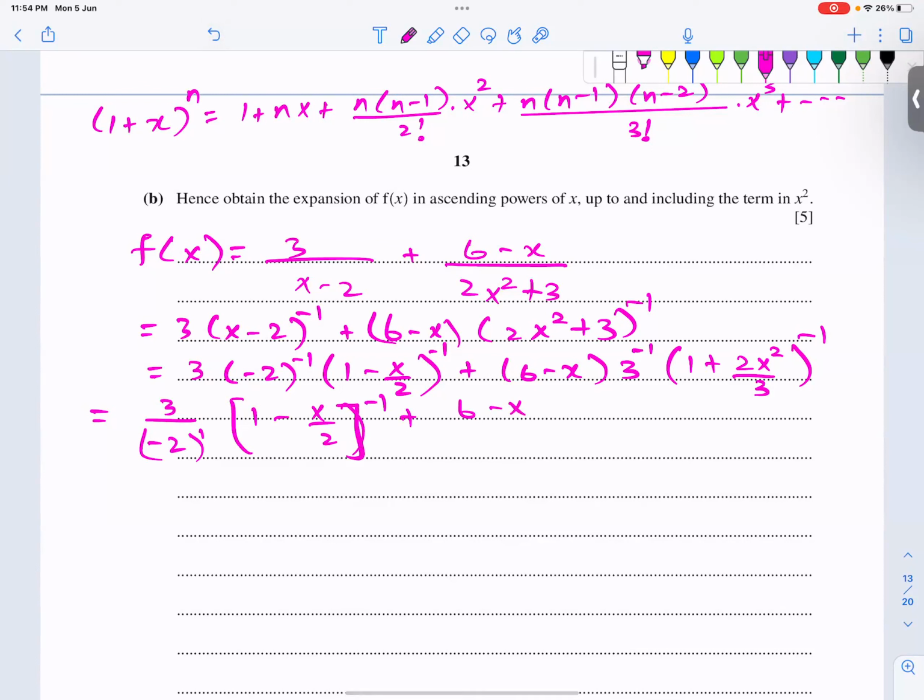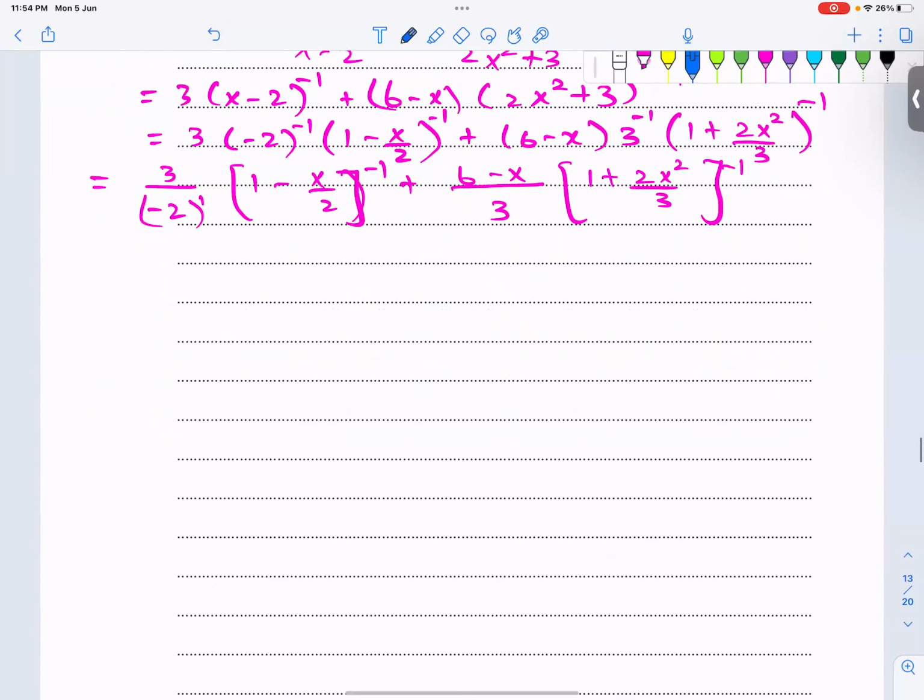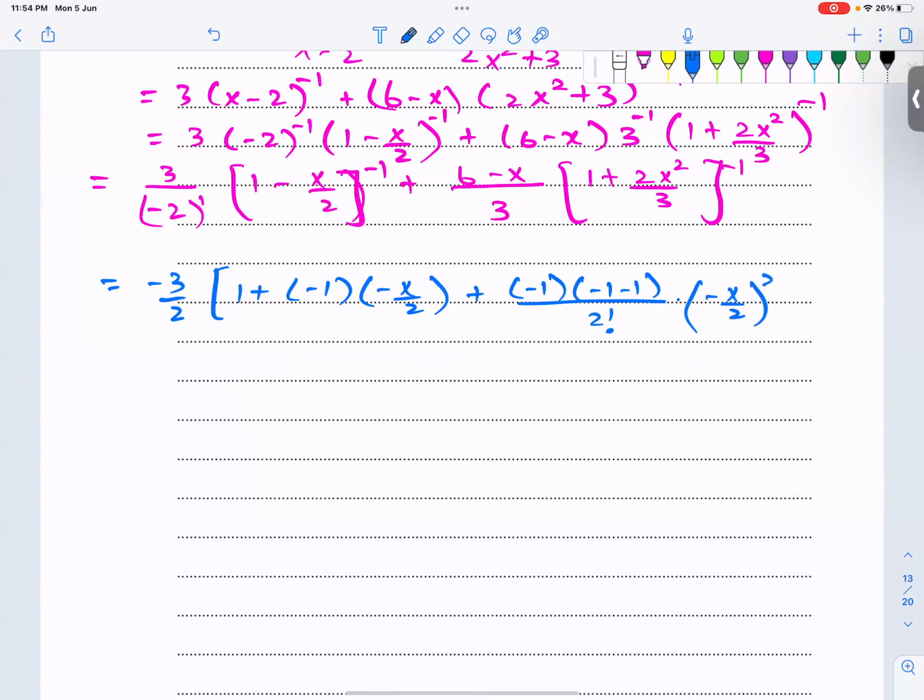3 to the power minus 1 is actually just 1 over 3 into 1 plus 2x square over 3 to the power minus 1. Now apply the above formula. This will give you minus 3 by 2, 1 plus n into x plus n into n minus 1 over 2 factorial into x square.